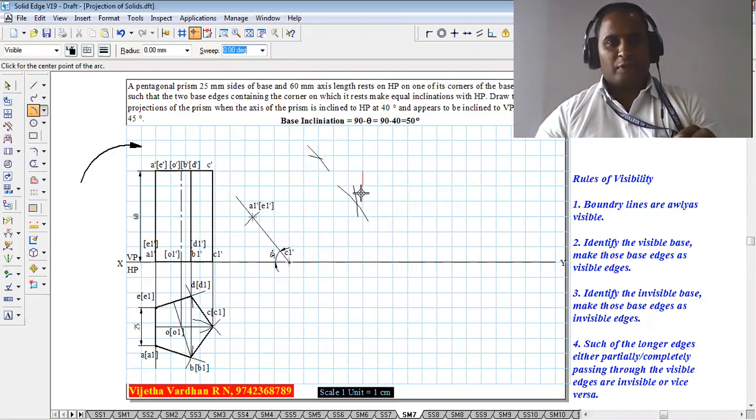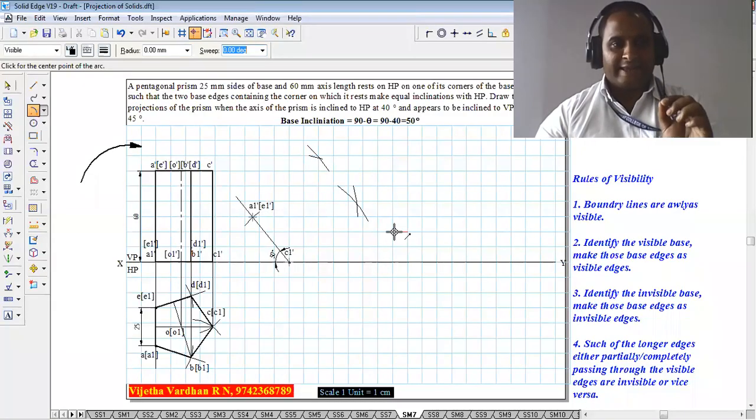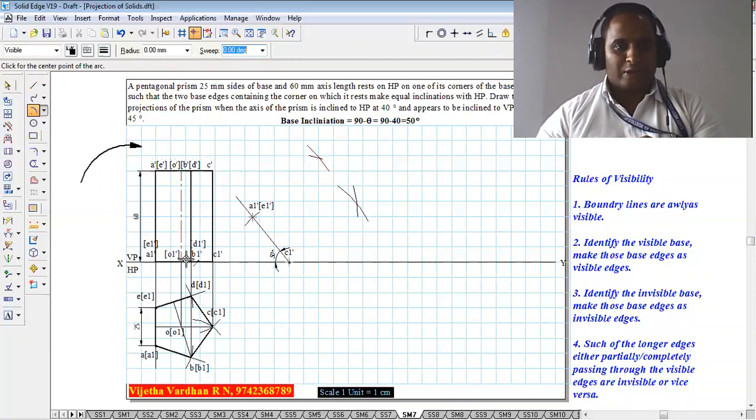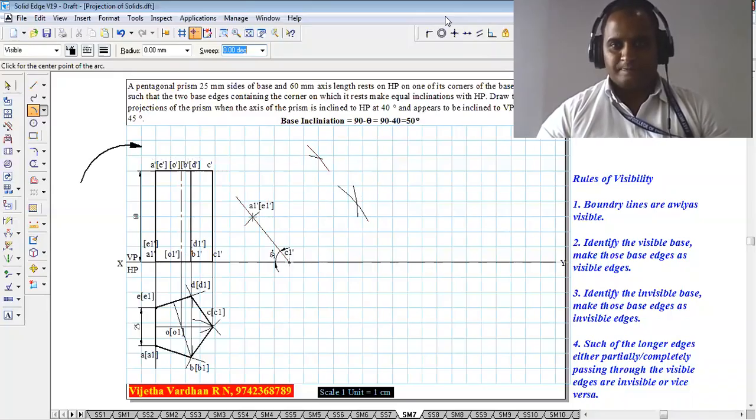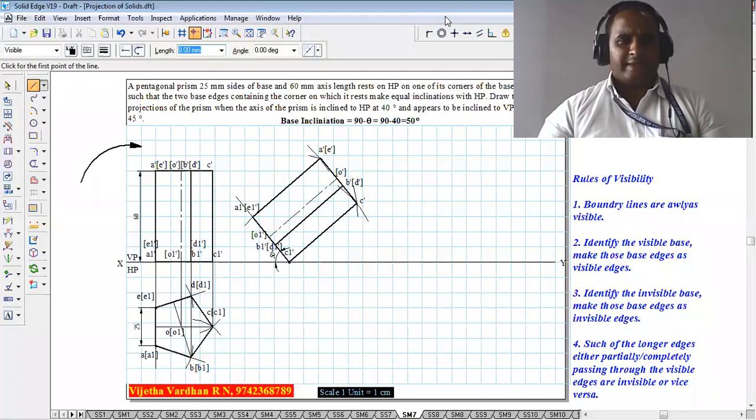The intersection points are going to be marked as A dash and C dash, and whatever image it is looking like here, the same image has to be reconstructed here, which I am going to show you now. Now you can see the same figure has been reproduced here.